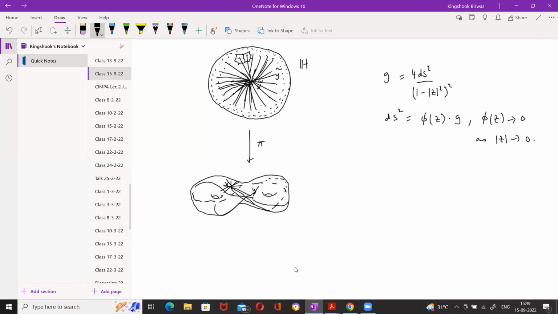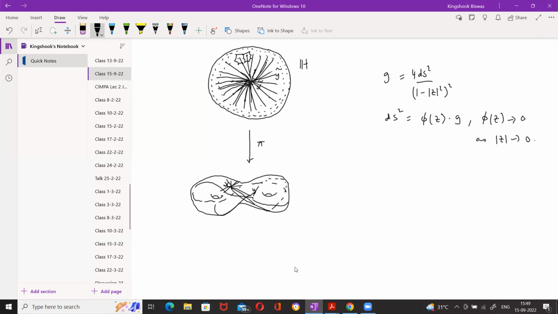I'm saying the geodesics which we get down here, their union will be dense in the surface. Yes, because the union is dense above, so the image will be dense below. That's easy.